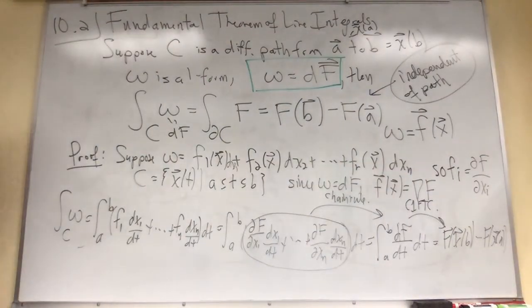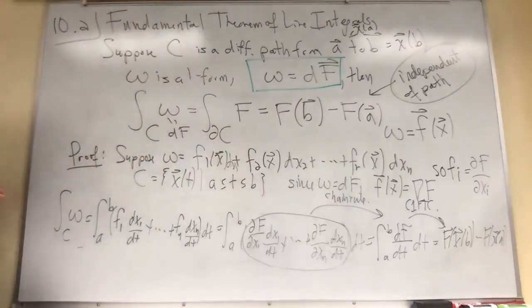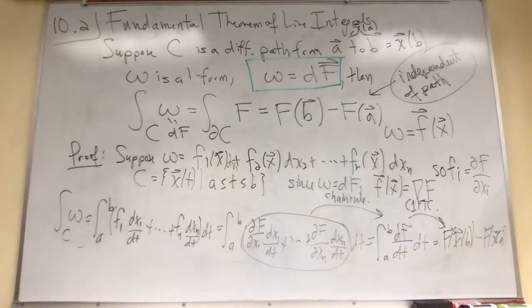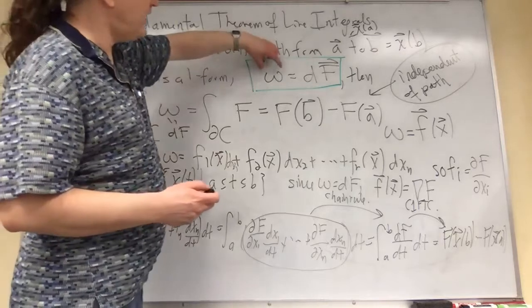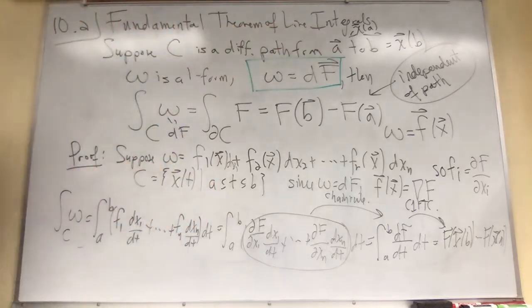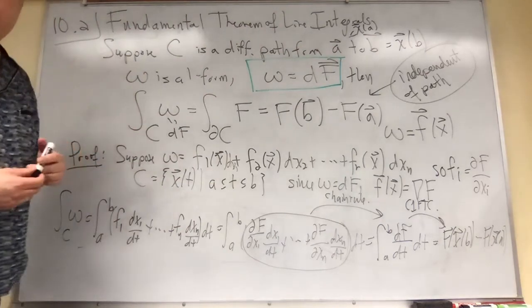You know from your exam work that that doesn't always happen. Sometimes line integrals are independent of path. Sometimes they aren't independent of path. What we've seen here is if the one form is a derivative, then the line integral is independent of path.